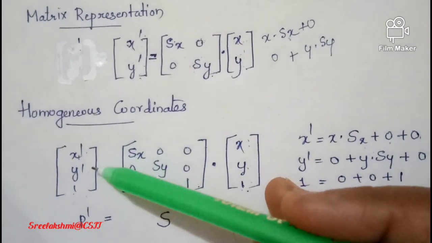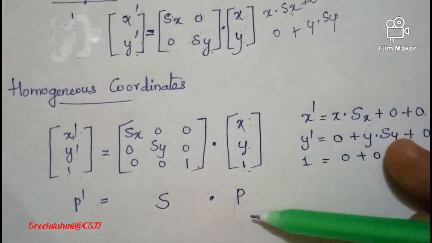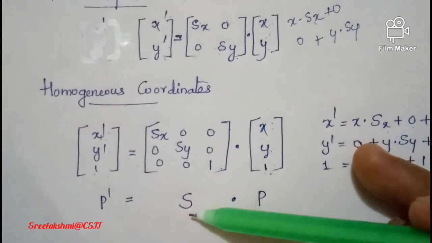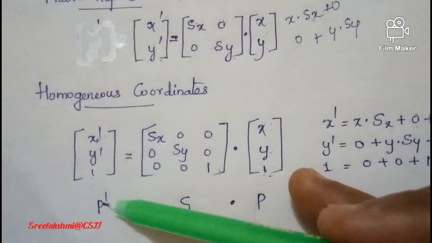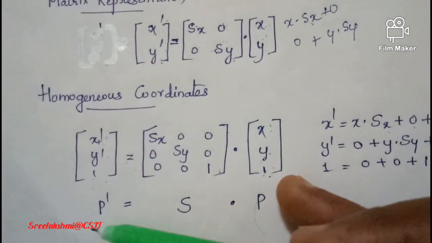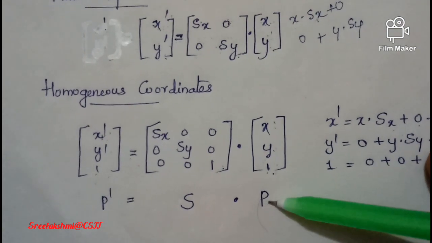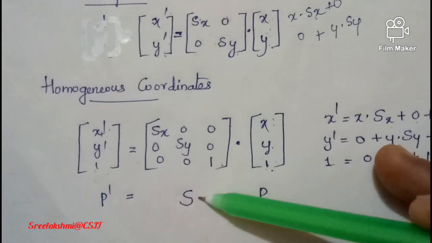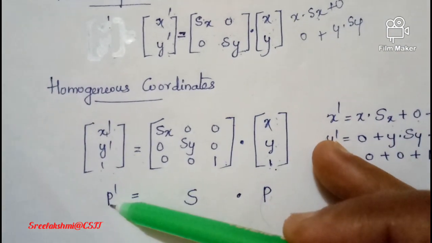Let us write the corresponding point representation. This corresponds to point P dash, this corresponds to point P, and this corresponds to the scaling matrix S. Now as I said in the previous session, P dash can be obtained when P is multiplied by S. I can say it like this: this is the initial point. When the initial point is applied a scaling transformation, you get the new scaled position.